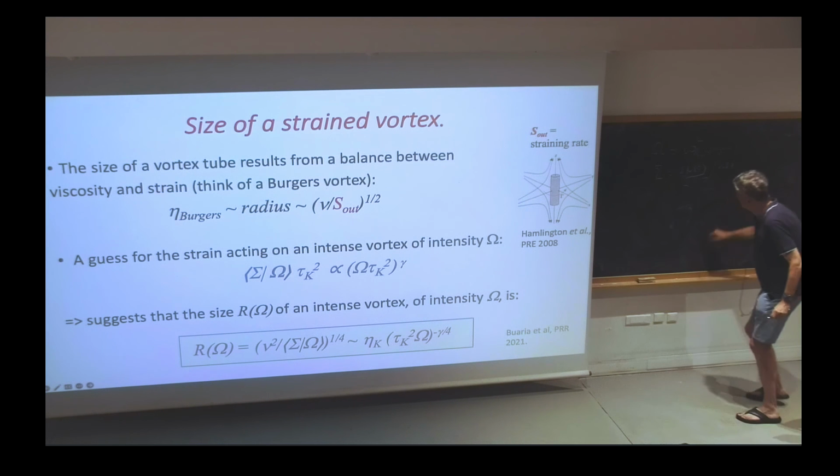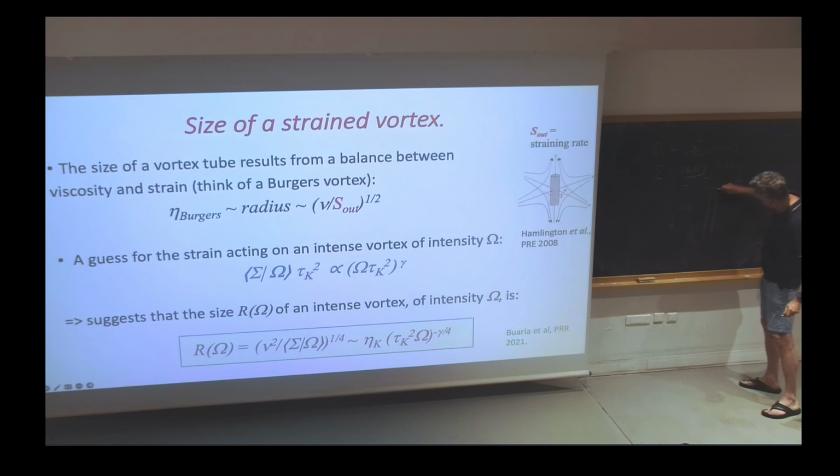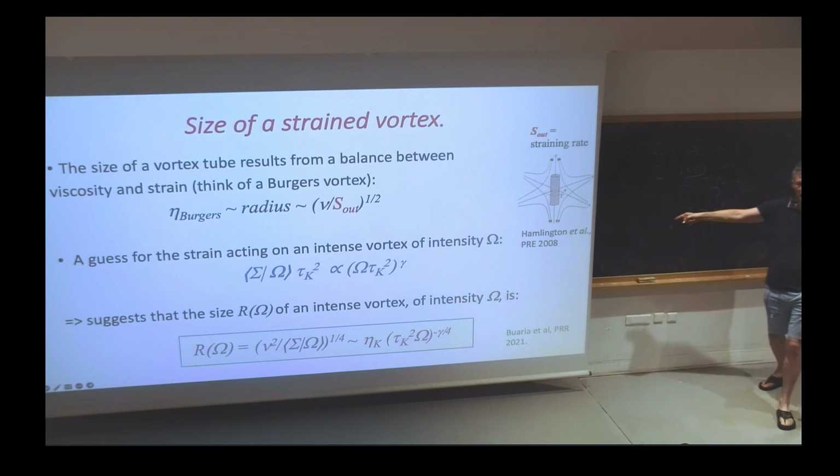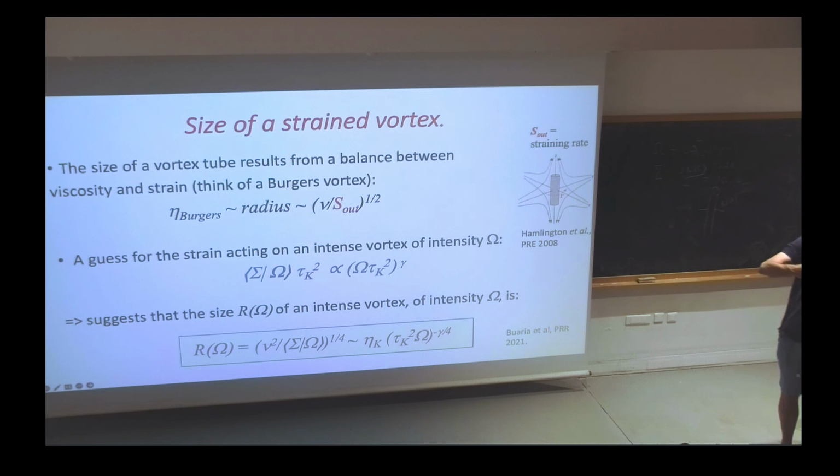That's what this formula is trying to describe. There is a distribution of vorticity and there is a characteristic length, and that's what comes from this analysis.